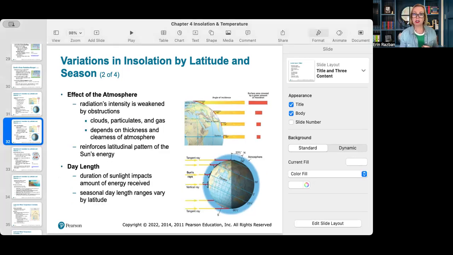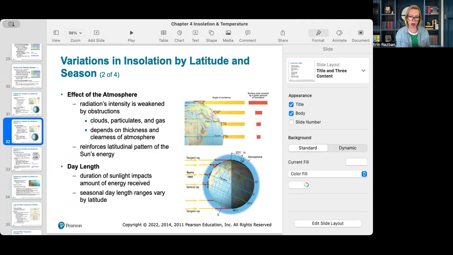All right. So, secondly, we have atmospheric obstructions. The sunlight doesn't travel through empty space just to reach Earth's surface. It has to pass through our atmosphere. The atmosphere acts like a filter with clouds, dust particles, and gas molecules. All of these interfere with the incoming sunlight.